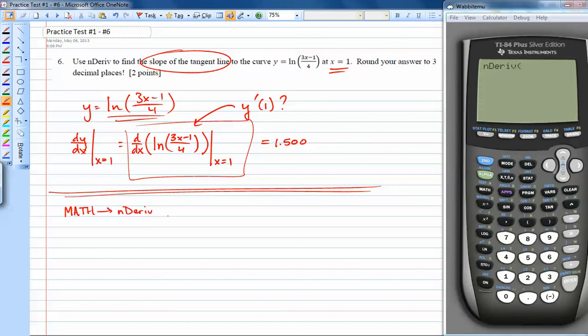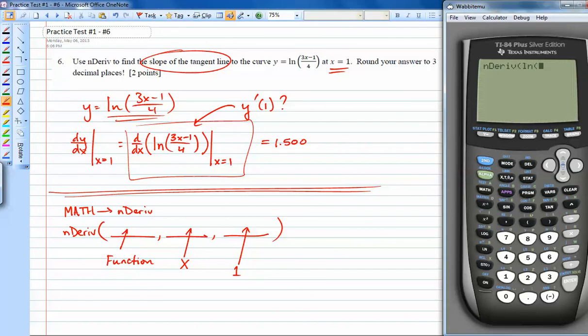And then at this point, nDeriv on your screen is going to ask you for 3 things. 1, 2, 3. What you're going to type in here is your function. Here you're going to type in the variable that you're using. And here you're going to type in where you want it evaluated, at x equals 1 in this case. So the function is ln parentheses.